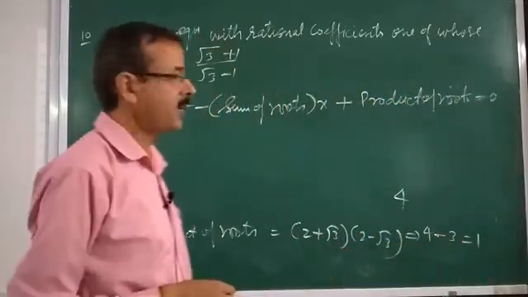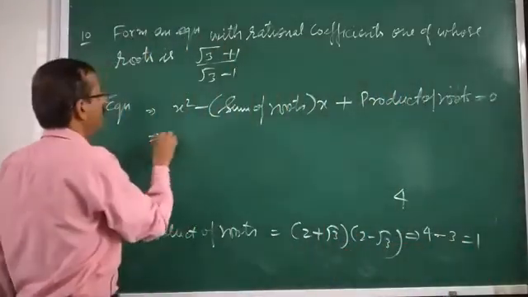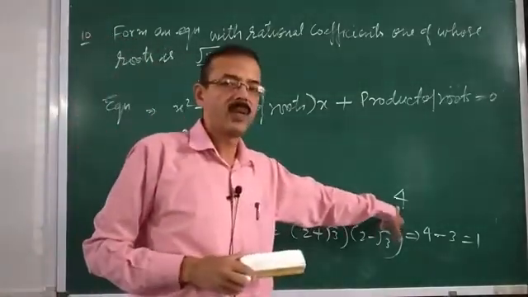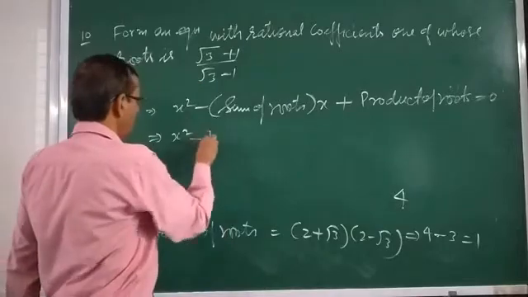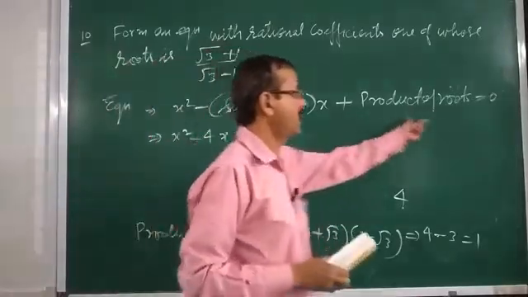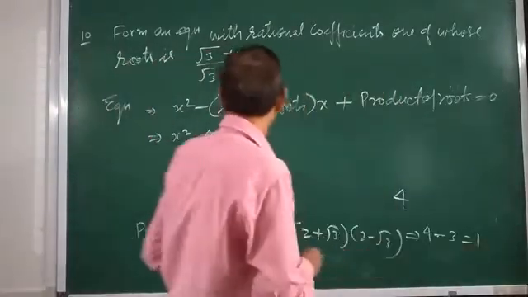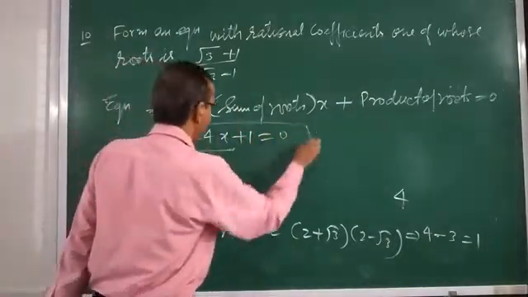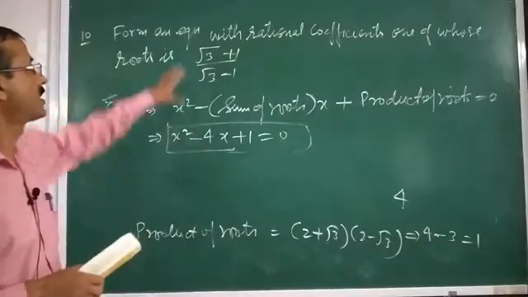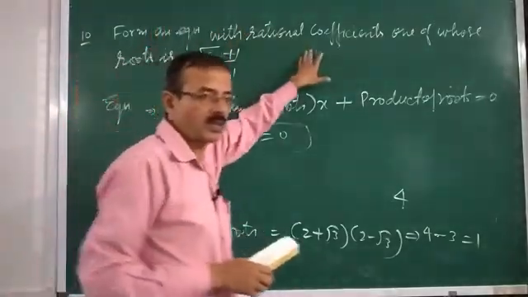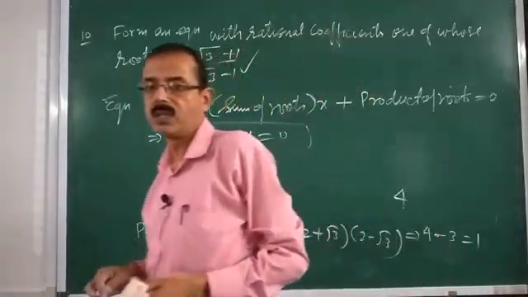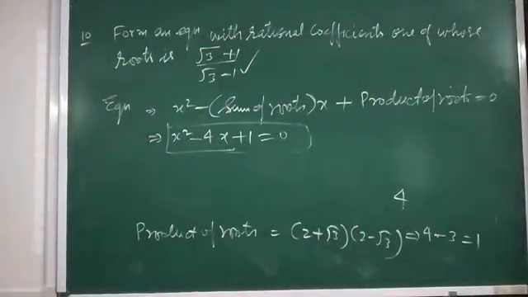This is the formula. The sum of roots is 4, so we write minus 4x, and the product of roots is 1, so plus 1 equals 0. This is the required equation using the given roots. Now one more question after this.